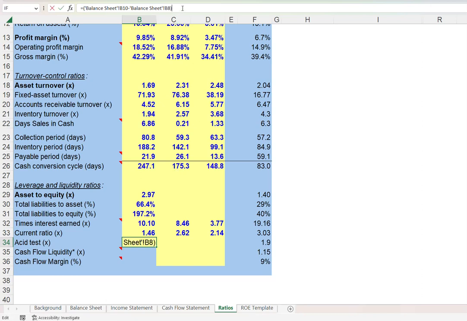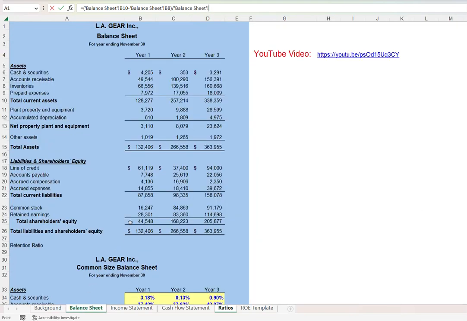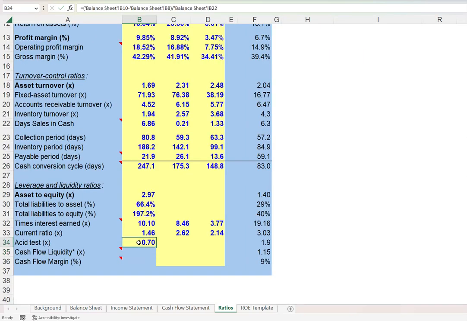How does that compare to our current liabilities? Let's go back to our balance sheet. We had current liabilities of 87,000. So we've only got 70 cents in very, very liquid assets compared to our current liabilities, but that has improved somewhat over the last 3 years.